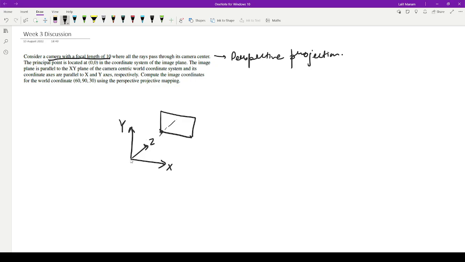So that means this intersection of, oh, what is this z axis in the canonical form that was discussed in the lectures? What is this z here? Can anyone tell me?